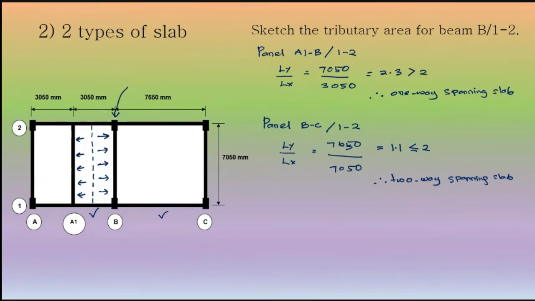Before this yang square slab tadi, logik lah, sebab bila each beam sama panjang, dia akan support load dalam jumlah yang sama. Tapi this one 7650, this one 750. So which side yang akan support more load from the slab, guys? LY or LX? LY. Okay, betul? So LY.